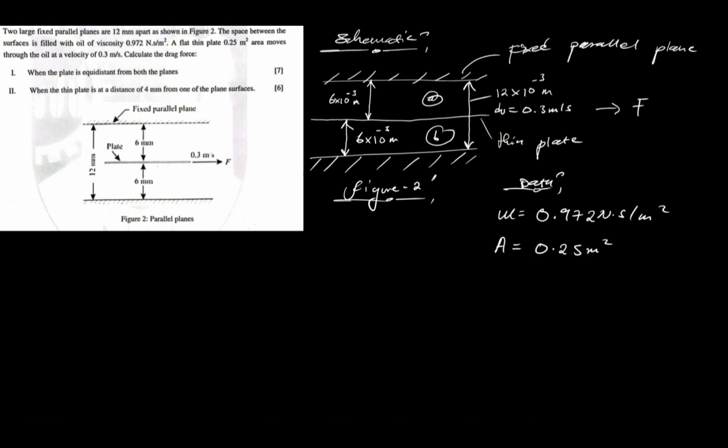We know that du, which is the change in velocity, is 0.3 meters per second. And lastly, dy, considering one section, is 6 by 10 to the minus 3 meters.